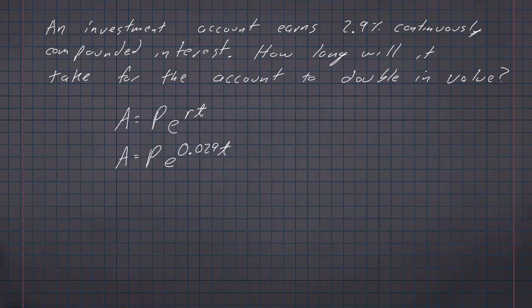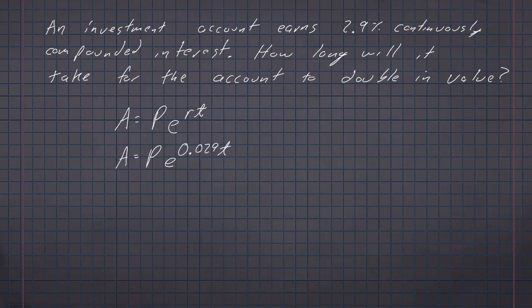But there's one other thing we know about this situation. It tells us that we want the account to double in value. It doesn't tell us where we want the account to start. It doesn't tell us where we want the account to end.